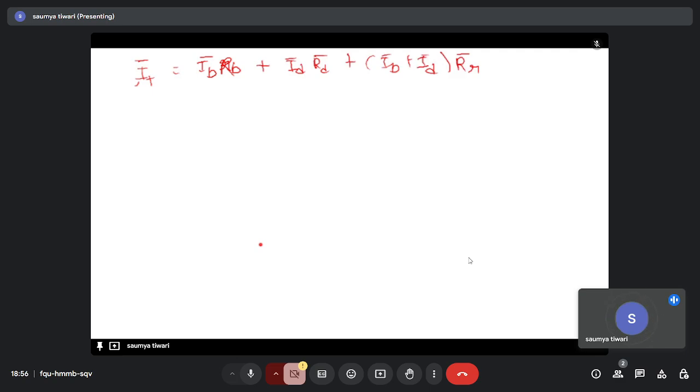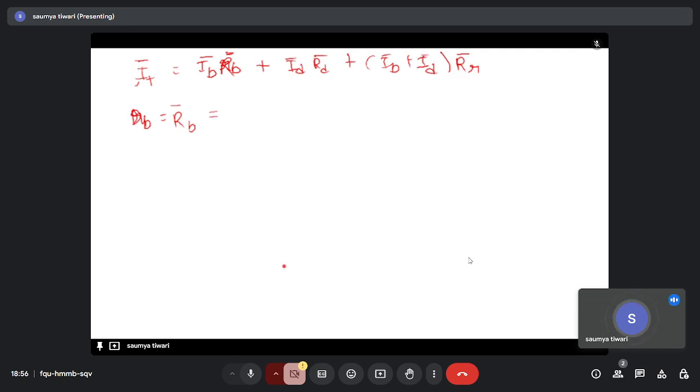Now to calculate this RB value, if we calculate it for October 15th, it will be the same as the RB bar value, because we are calculating it for the average day of the month.